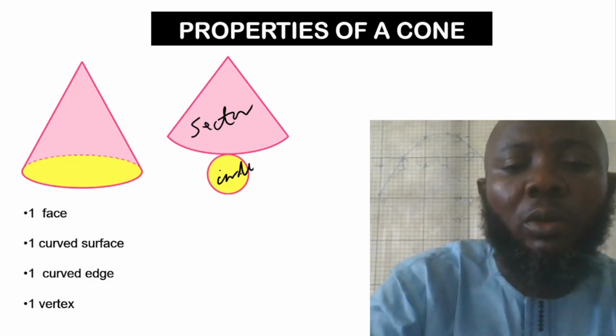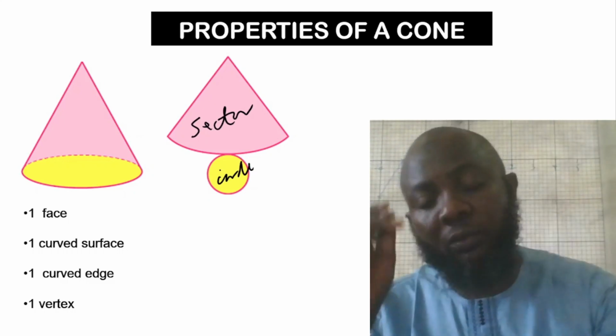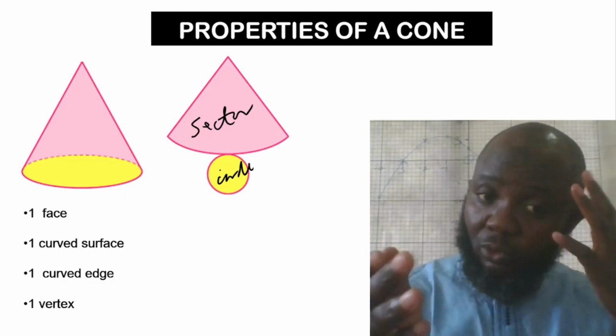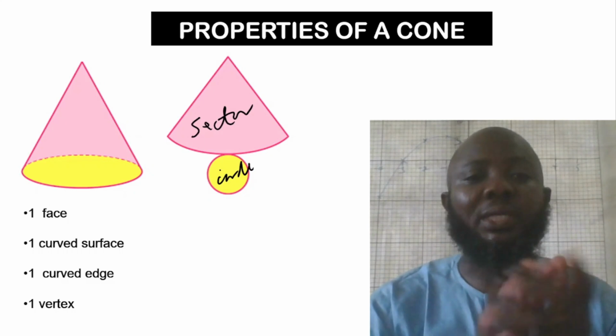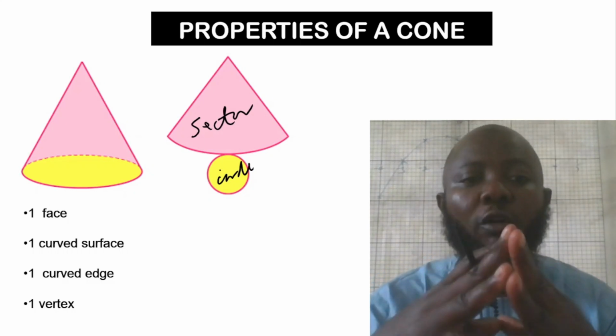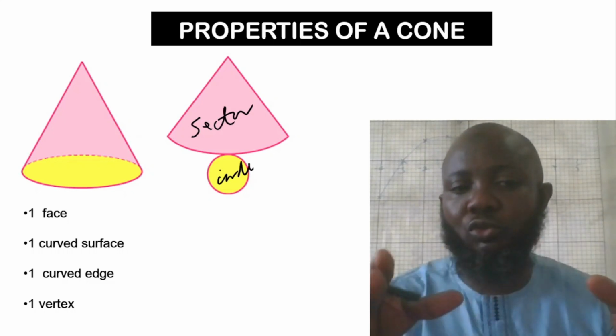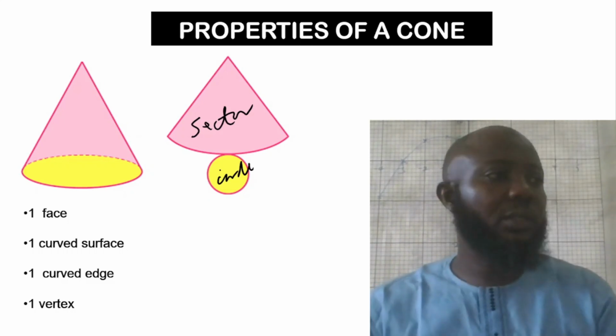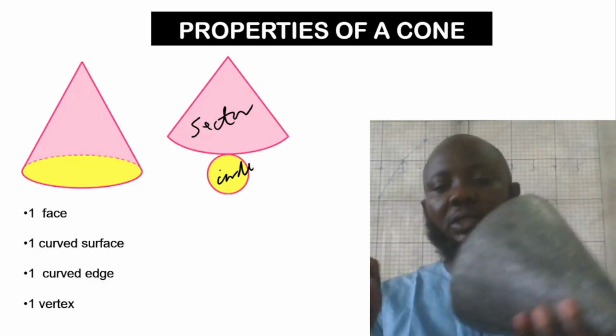I don't want to bother you much on this, and by the time we are looking at surface area of this, you will understand it better. So it has one face, which is the circle, and one curved surface, which means it has 2 faces. Then one curved edge, which is this part.